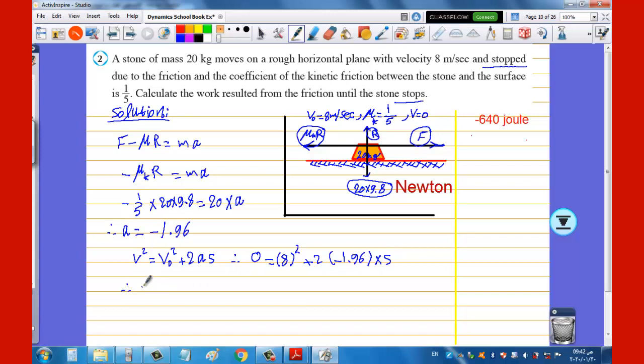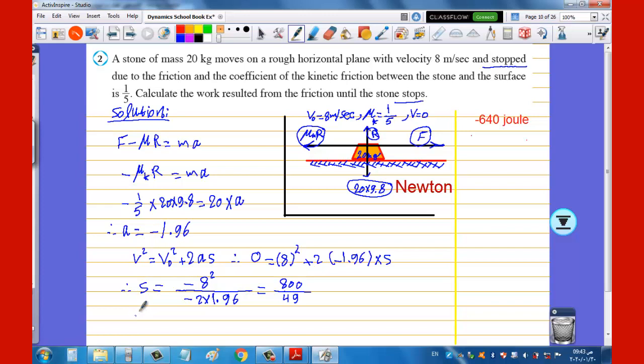So s equals negative 8 square over negative 2 multiply 1.96, which equal 800 over 49.